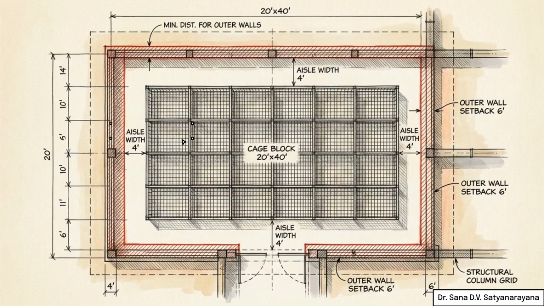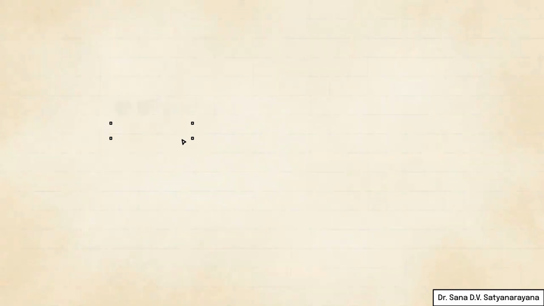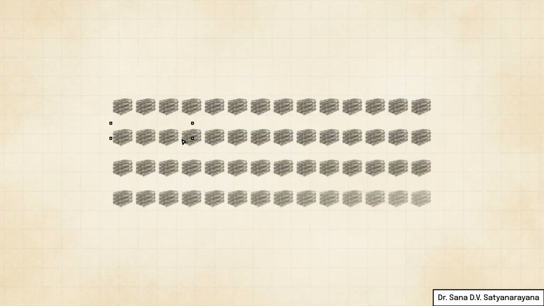The architectural footprint of the entire shed must be engineered to wrap precisely around these 56 sets, minimizing wasted space while allowing clear operational access. This top-down view reveals the optimal geometric arrangement for these 56 sets: 4 parallel rows, each containing 14 units connected end to end. 14 sets multiplied by 1.5 meters equals 21 meters of continuous cages.